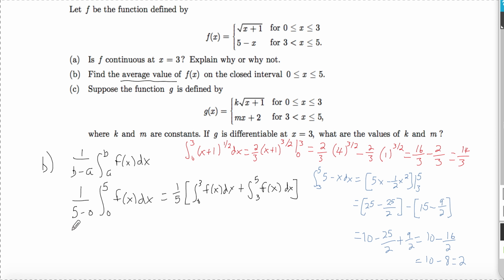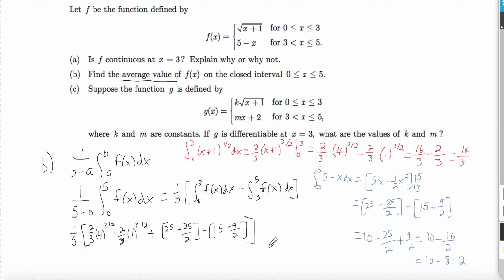And actually just write out that my average value is 1/5, and then simply say 1/5 of 2/3 times 4 to the 3 halves minus 2/3 times 1 to the 3 halves, plus everything I got over here: 25 minus 25 halves minus 15 minus 9 halves.